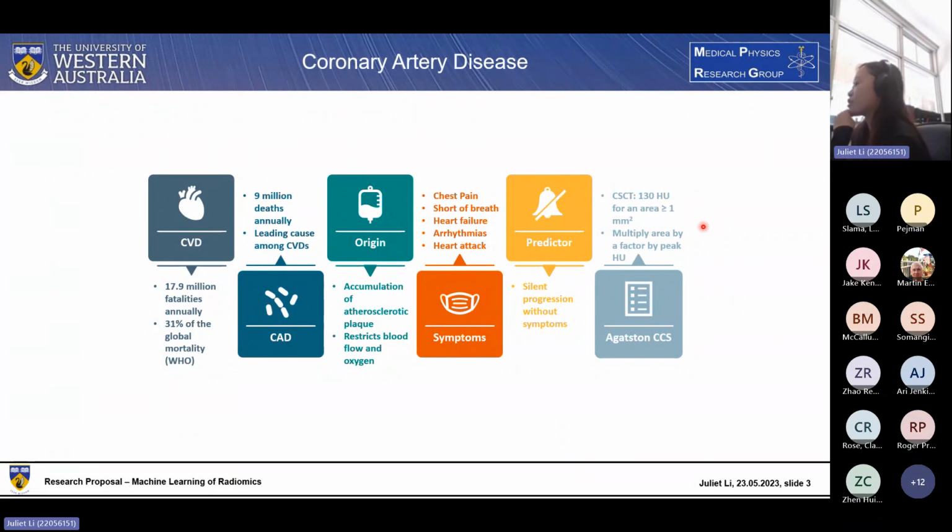And how the calcium is quantified is by multiplying the area of each lesion by a factor that's determined by the peak HU within the region of interest. The total coronary calcification score is the sum of each lesion within the coronary arteries. And in such a way, people were able to quantify the coronary calcification within the coronary arteries.